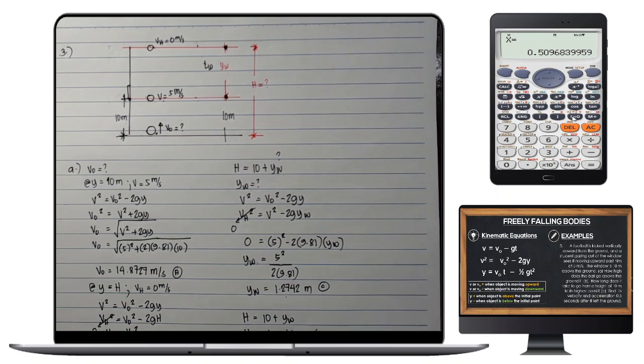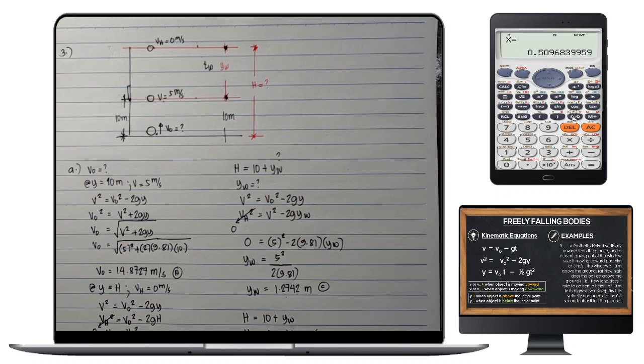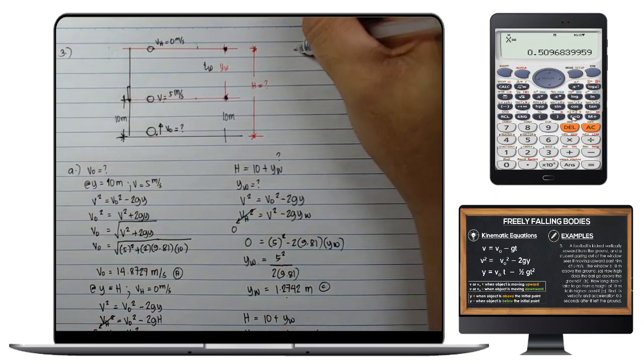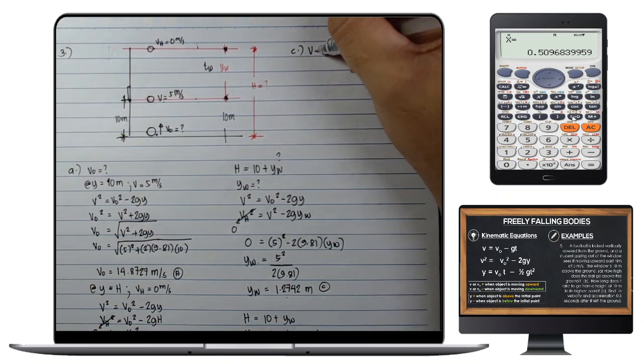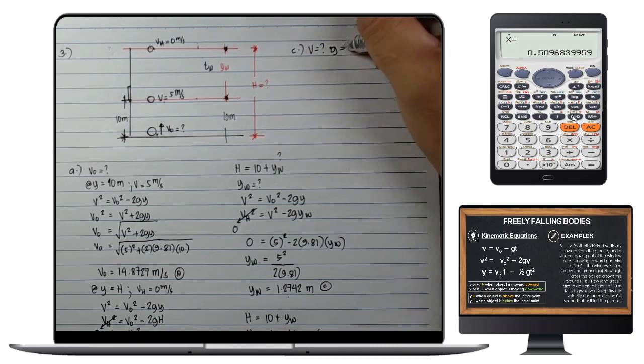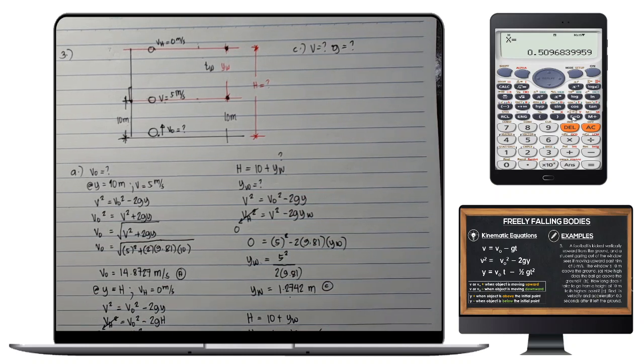Then, let's have letter C. Find its velocity and acceleration 0.5 seconds after it left the ground. So, letter C, pinapahanap lang si velocity and acceleration. So, obviously, yung acceleration, we do not need to solve for that kasi yung acceleration naman natin, we are using the constant value.